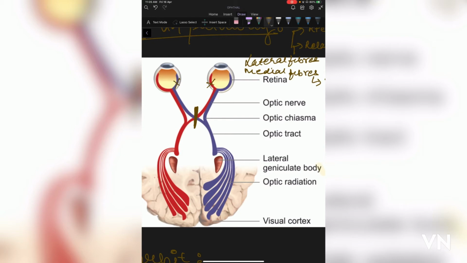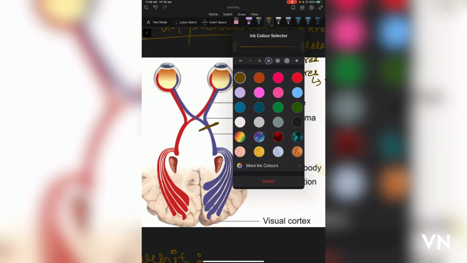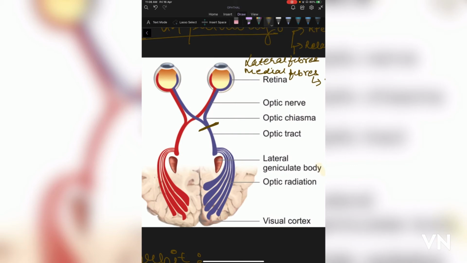Now, if there is a lesion at the level of the optic tract, then what will happen? The lateral vision of the same side will be lost. So this one is your right side, right? If there is a right optic tract lesion, then the lateral vision of the same eye, that is the right eye, will be lost.